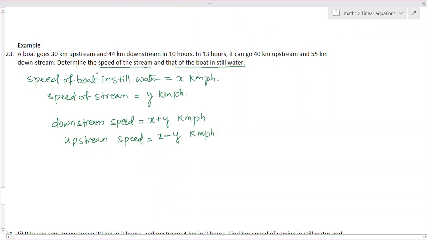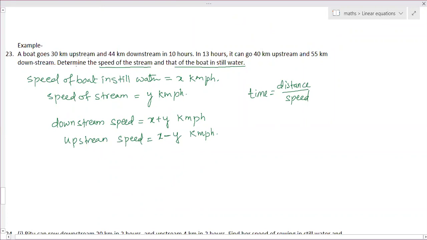Then take the equations. Now you know time is equal to distance by speed. So this formula we are using to find the total time. A boat goes 30 kilometer upstream and 44 kilometer downstream in 10 hours.